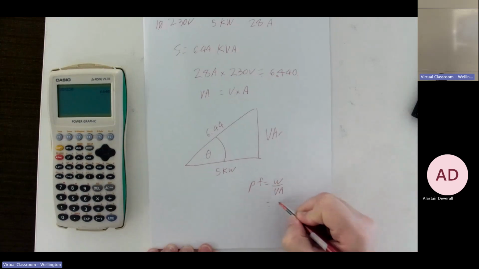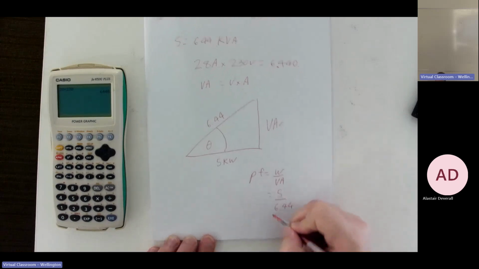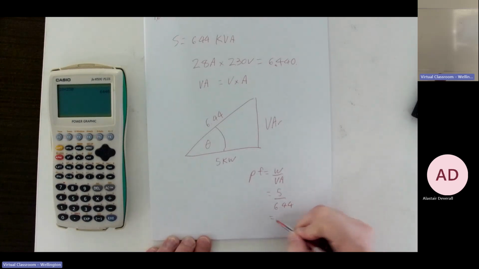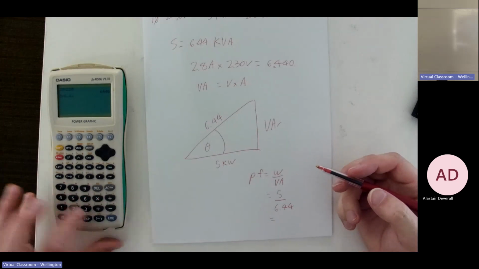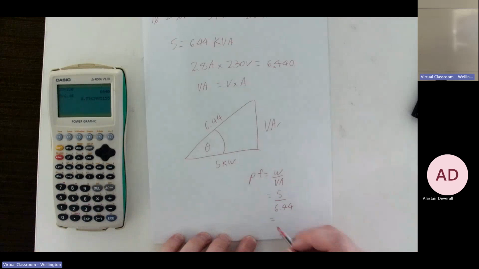So it equals 5 over 6.44, which is 0.776. Rounding that up, because our last digit is a 6, becomes 0.78.